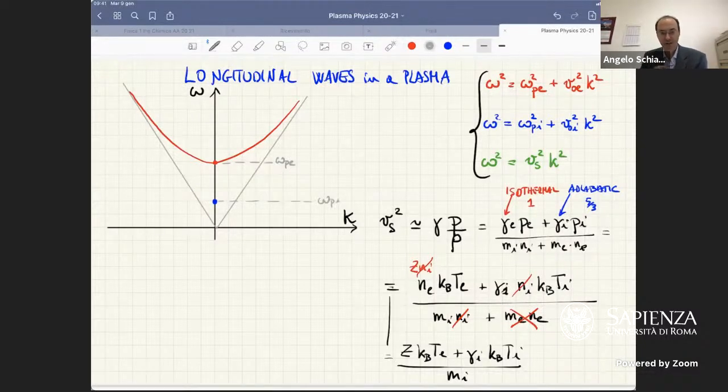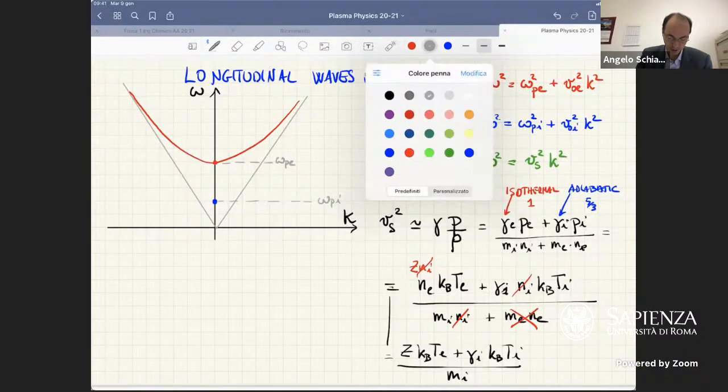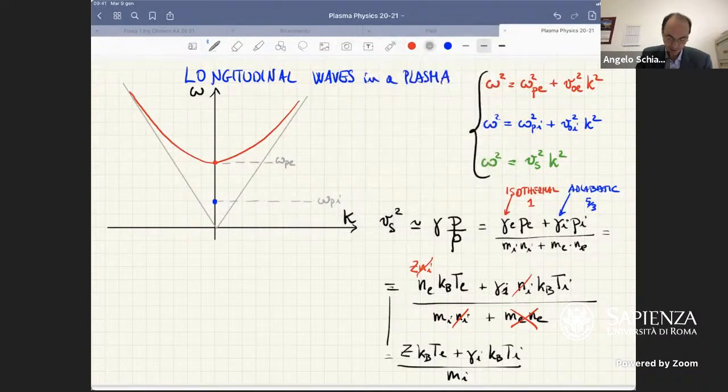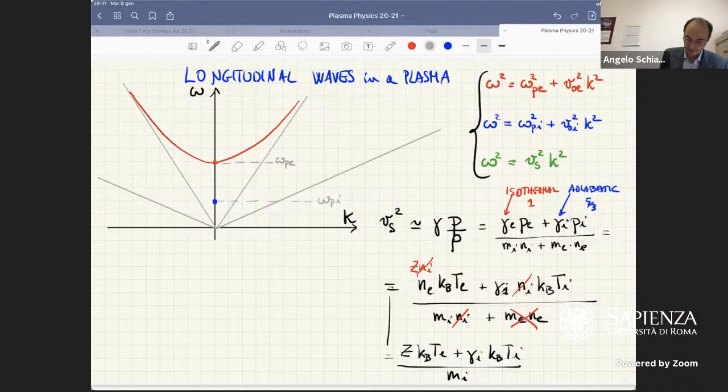So it's the plasma frequency for the ions, and the asymptotic speed is almost the thermal velocity of the ion, and the curve is this one here.